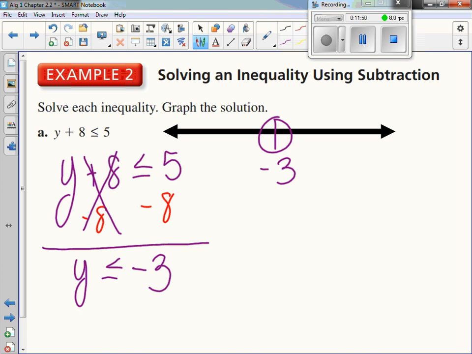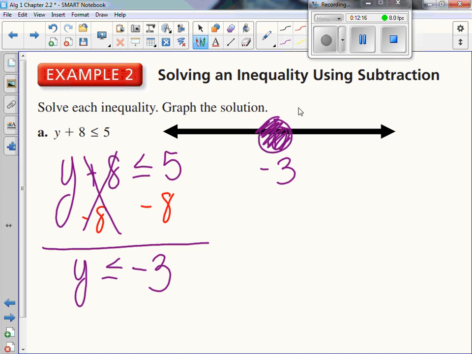Would the circle be open or closed? Closed, because it's equal to. Since it's equal to, it'd be filled in. Do we shade to the left or to the right? What's bigger, y or negative 3? What is this saying?